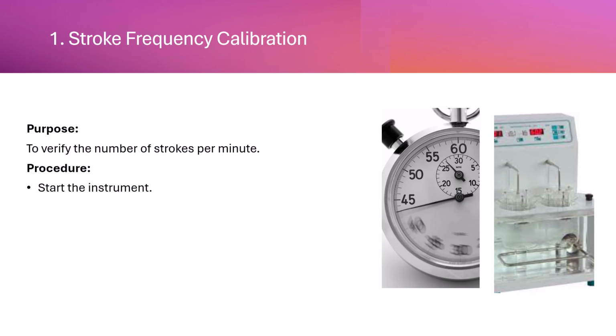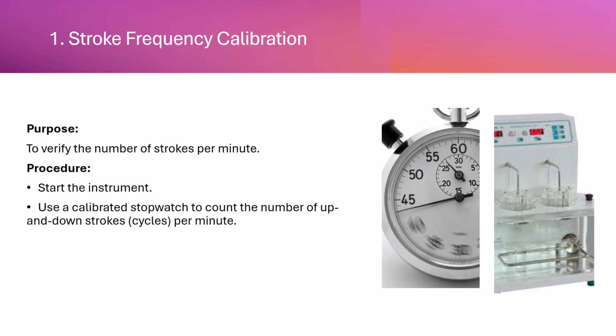First, start the instrument and allow it to operate under normal testing conditions. Now, using a calibrated stopwatch, count the number of complete up and down strokes, which are also referred to as mechanical cycles, over a 1 minute interval.